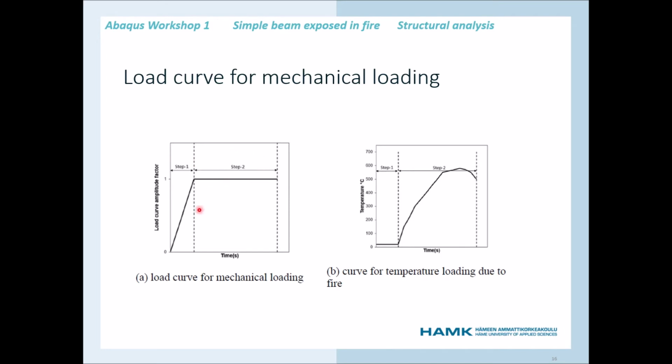So now the load is applied with reference to this load curve, and in this load curve, for the first step, the load is increased from 0 to 1, which is maximum. So in the first step, the mechanical loading is applied, and then the load is kept constant in the second step.